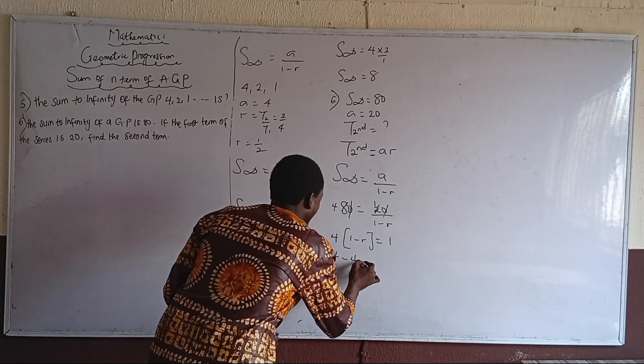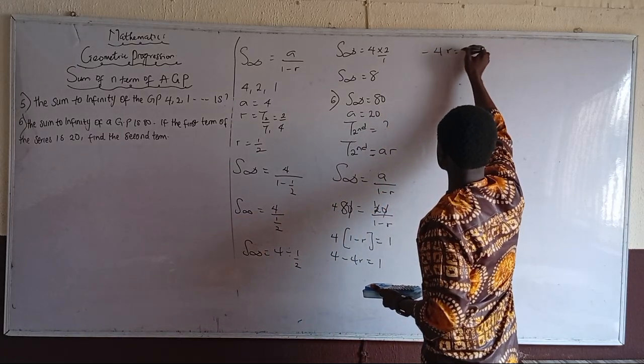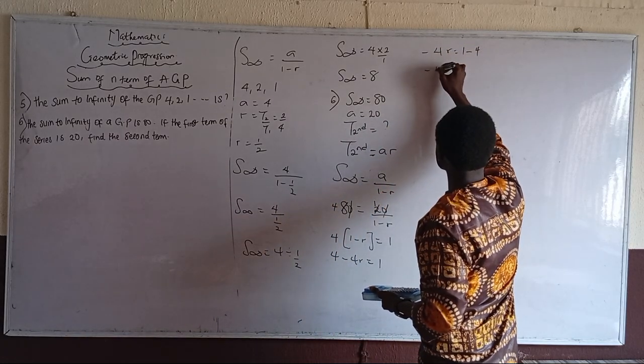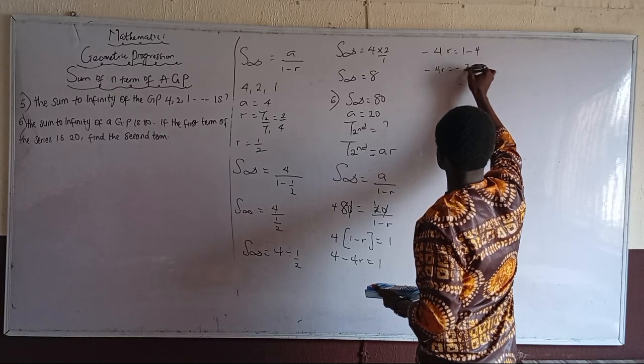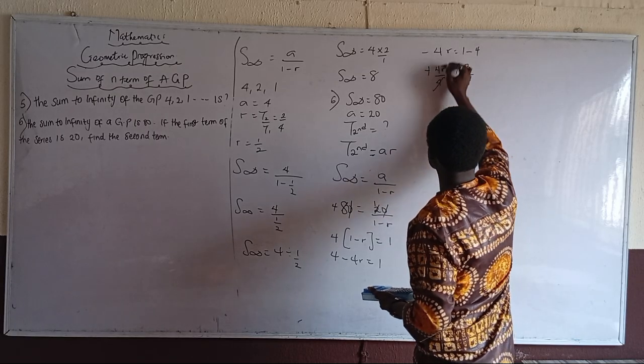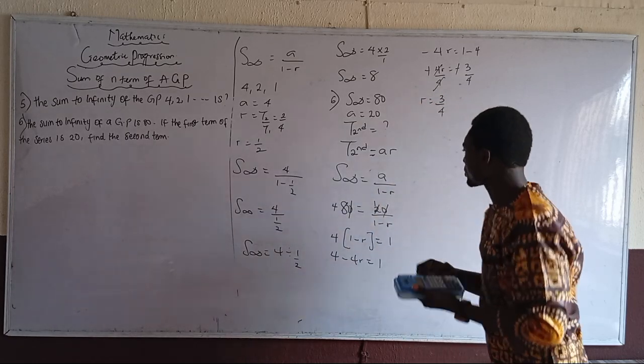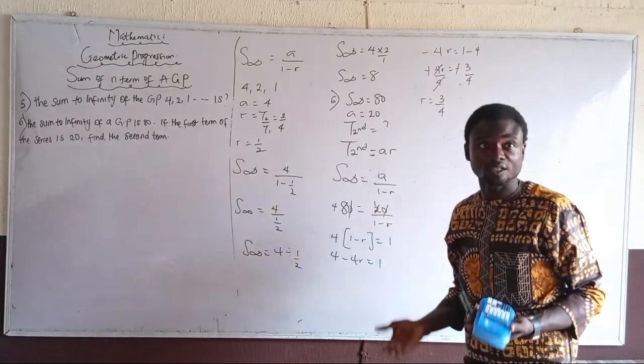So 4 minus 4R equals 1, which means minus 4R becomes 1 minus 4. Minus 4R becomes minus 3. Minus cancels minus. Divide both sides by 4. So my R is 3 over 4. If I cross multiply, I will have the same answer.